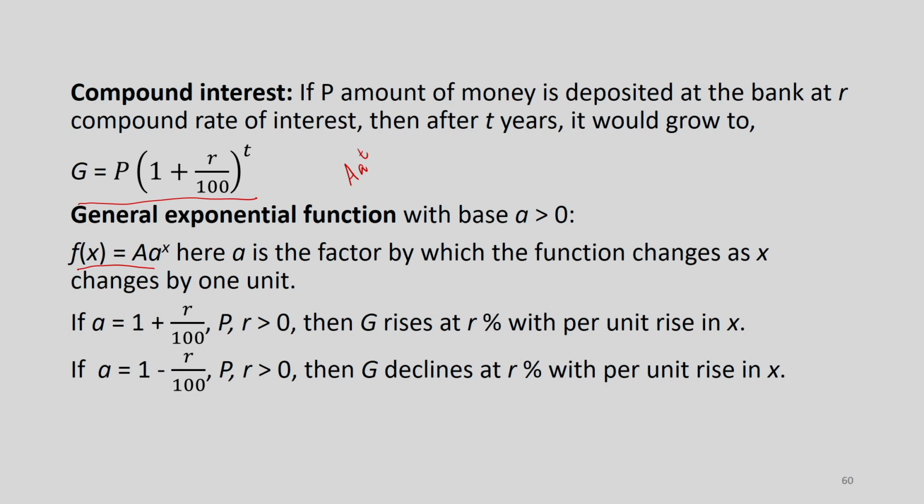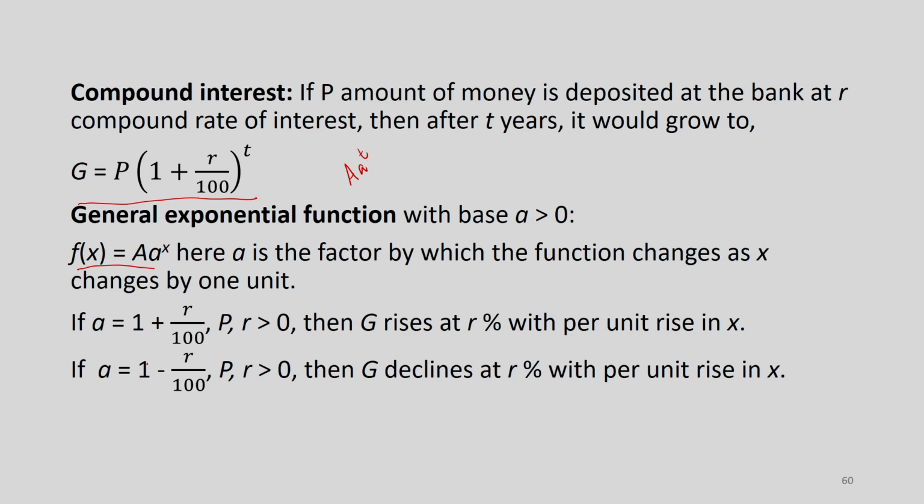So, here x is that independent variable, x could be equal to t, it could be something else. So, that is why I have written here small a is the factor by which the function changes as x changes by 1 unit.